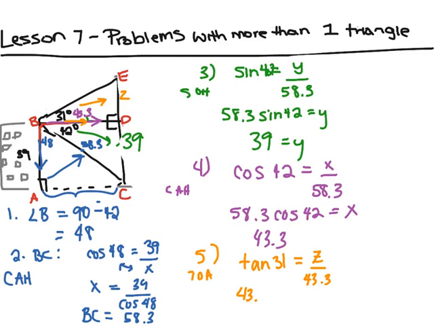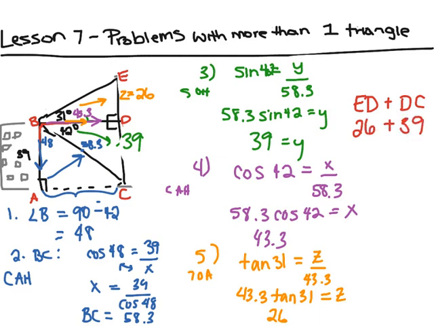Multiply both sides by 43.3, so 43.3 tan of 31 equals z, and you should get 26. So now we know both sections of the building, so we're going to add together ED plus DC, so 26 plus 39, which is 65 meters. So the building is 65 meters high.